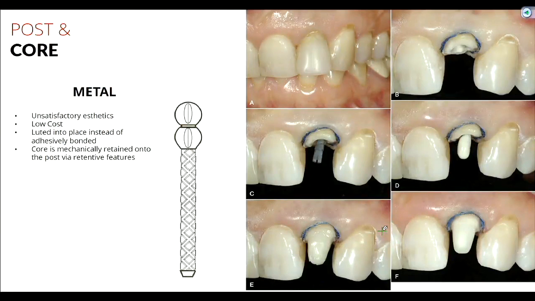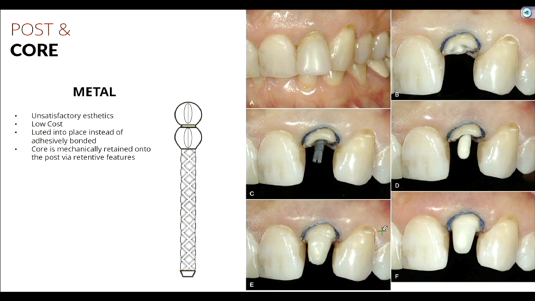Okay. Then we have different materials. Obviously, you have a metal material. So this is an example of a metal post, which is what you guys are going to do today. Your second exercise is essentially just doing a posterior tooth where you drill a post space, and then we're going to insert a metal post into it. You can see at the top of this metal post, it's got these big circles, right?